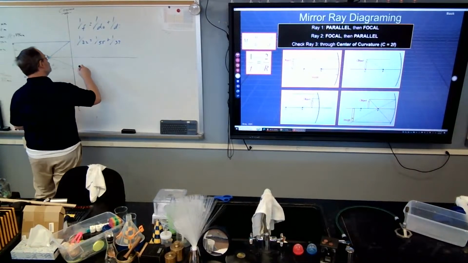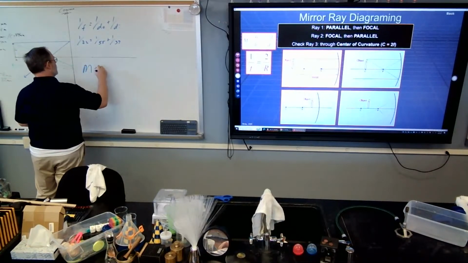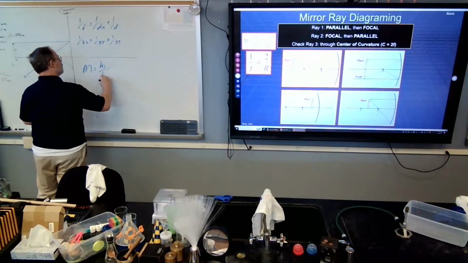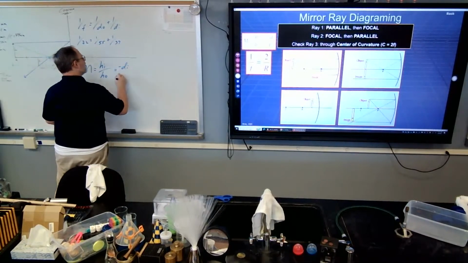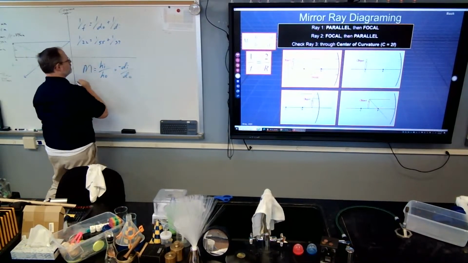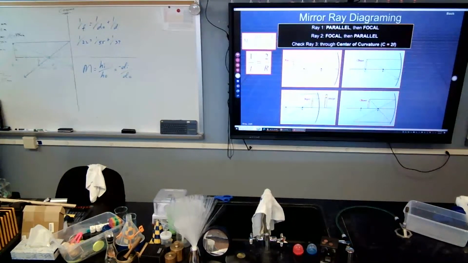Now, magnification. Magnification has two formulas that should agree. It's HI over HO, and it's also equal to negative DI over DO. So what's the magnification of this? Do them both ways.